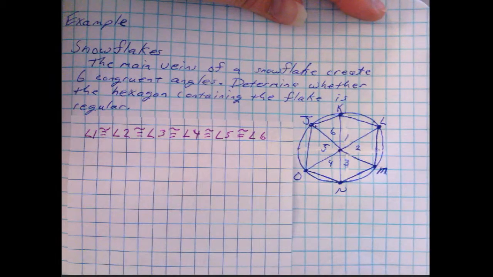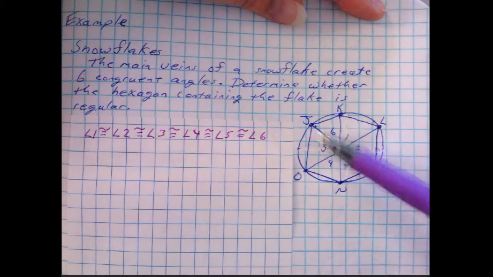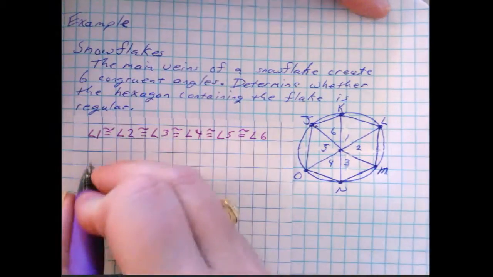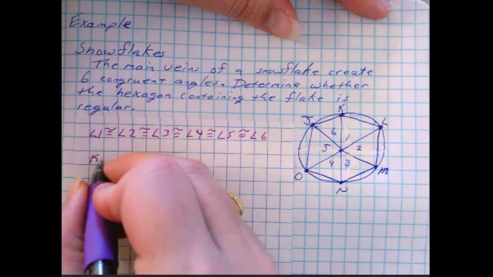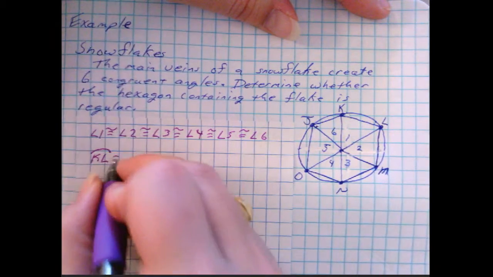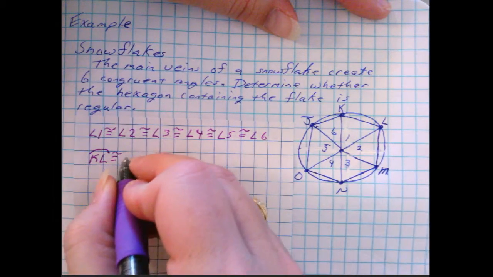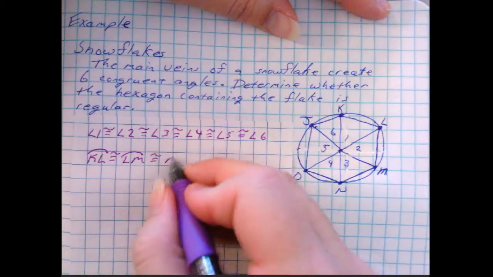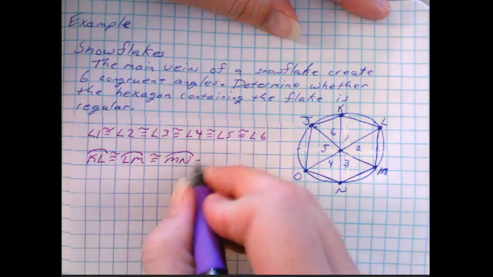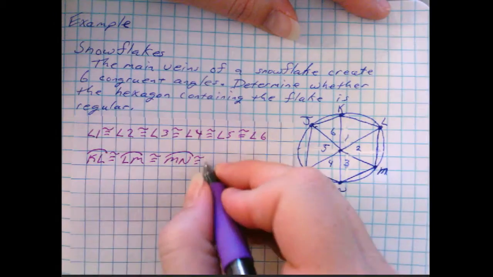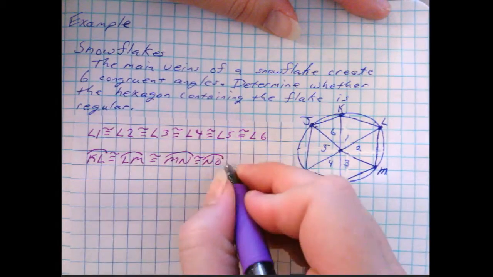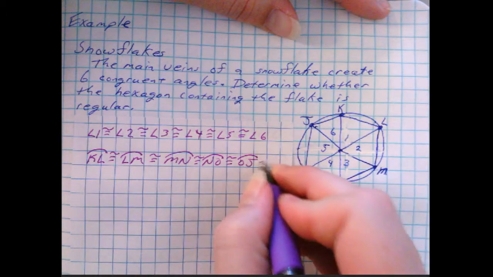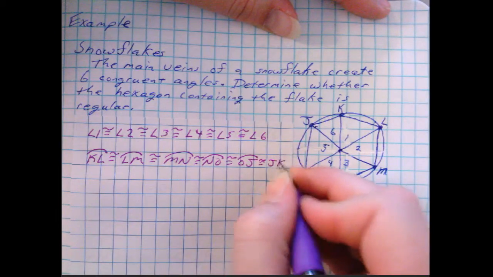Since all 6 of those are congruent to each other, we also know that these arcs all have to be congruent to each other. So we can say arc KL is congruent to arc LM, which is congruent to arc MN, which is congruent to arc NO, which is congruent to arc OJ, which is congruent to arc JK.